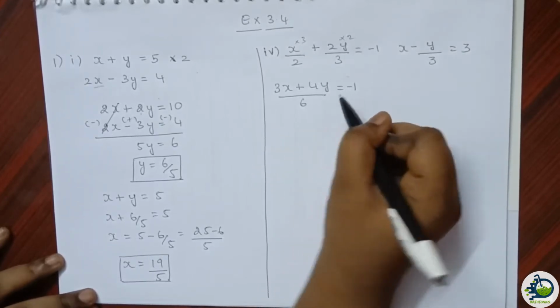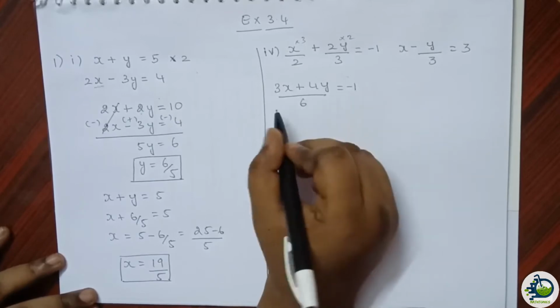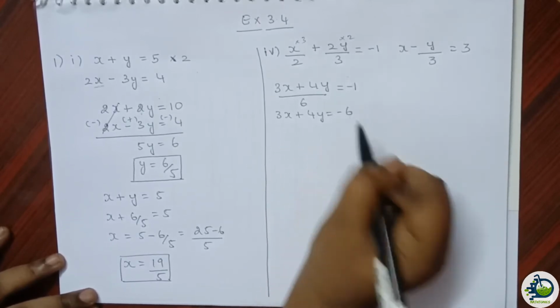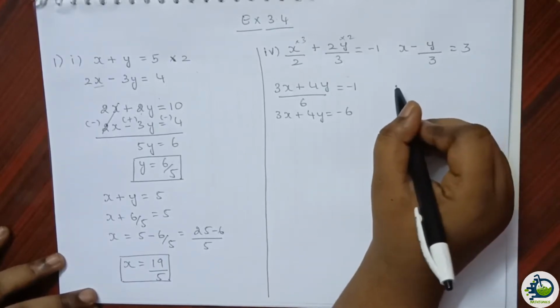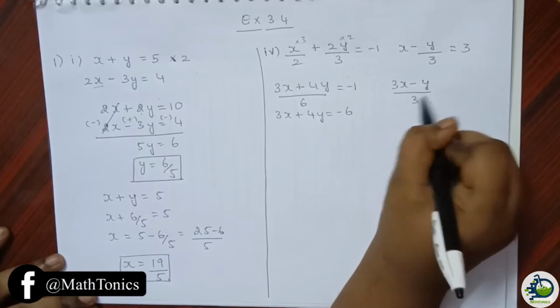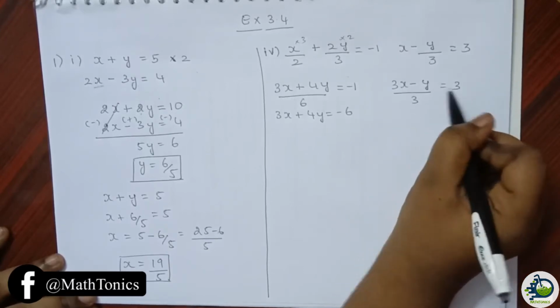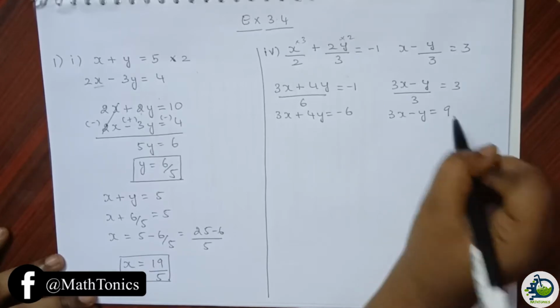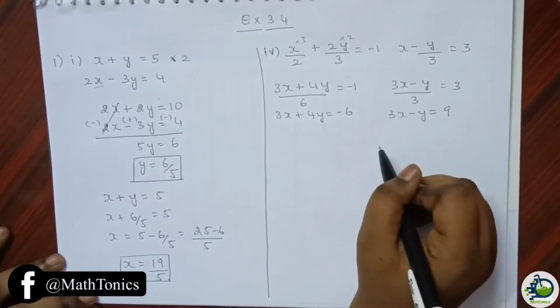When I bring this 6 over, I get 3x plus 4y equal to minus 6. Similarly, when I take the LCM here, I get 3x minus y by 3 equal to 3. When I bring this 3 over, I get 3x minus y is equal to 9. So these are the two equations I am getting.